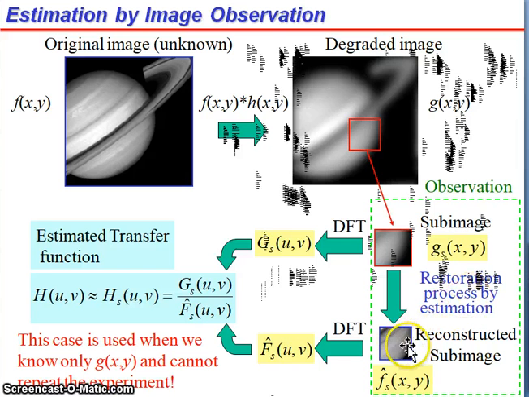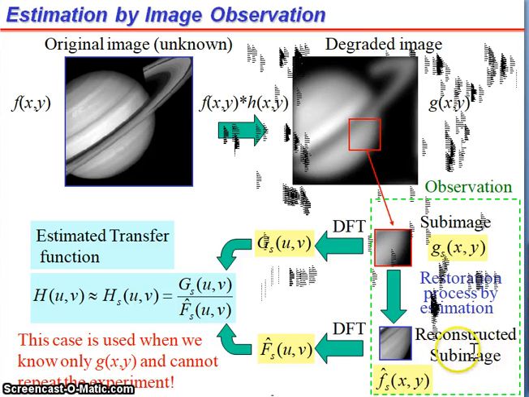Based on a certain restoration technique, a restoration process by estimation, we are just estimating a certain function. Use a certain restoration filter, then get the restoration filter output, which is denoted as the reconstructed subimage, or restored image.